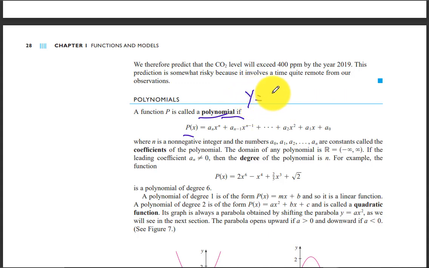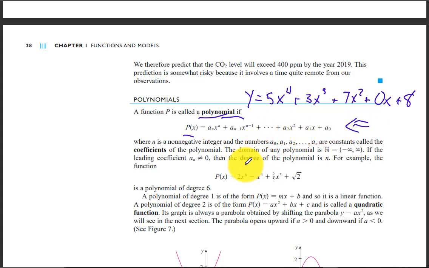You can have like 5x to the 4th plus 3x to the 3rd plus 7x squared. And maybe the x term might have a 0 coefficient, and then plus some constant, and that would be a polynomial. So this is the general form of a polynomial.